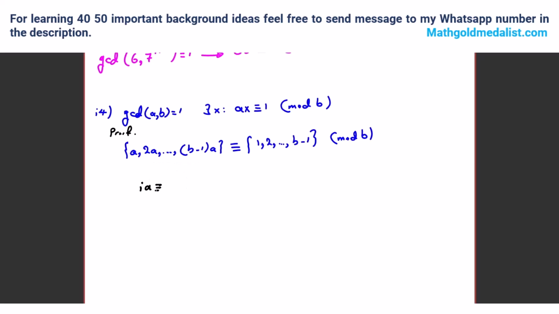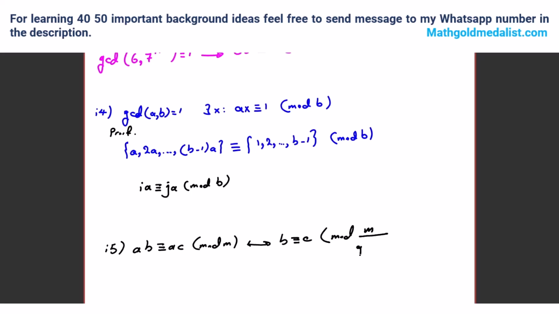If ia is congruent to ja mod b, we have a rule in modular arithmetic. If AB is congruent to AC mod M, then it is equivalent to dividing both sides by A, but you should pay attention that you should write M over GCD of M and A. It is very important.